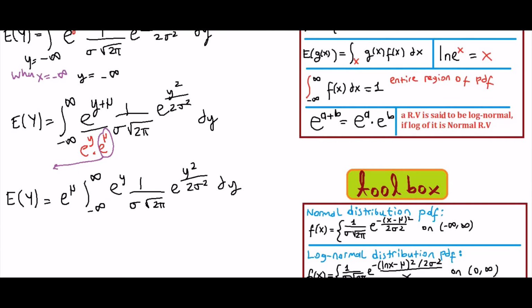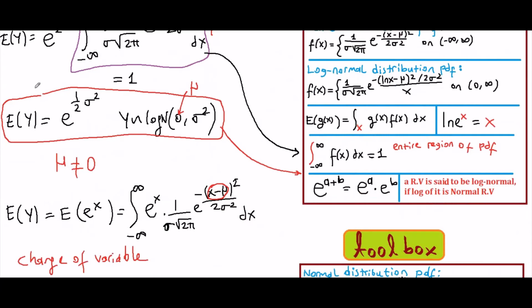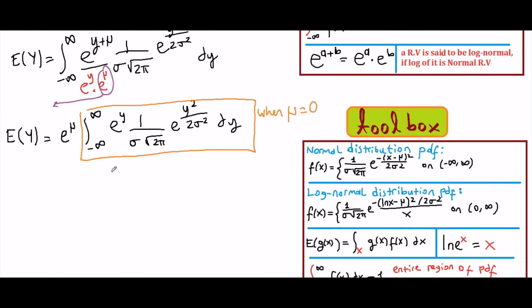If you realize, this expression is exactly what we derived above when mu was equal to 0. So our expectation in that case was e to the 1/2 sigma squared. So instead of this integral, we can write e to the 1/2 sigma squared, because that was the expectation when mu equals 0 with exactly this PDF.